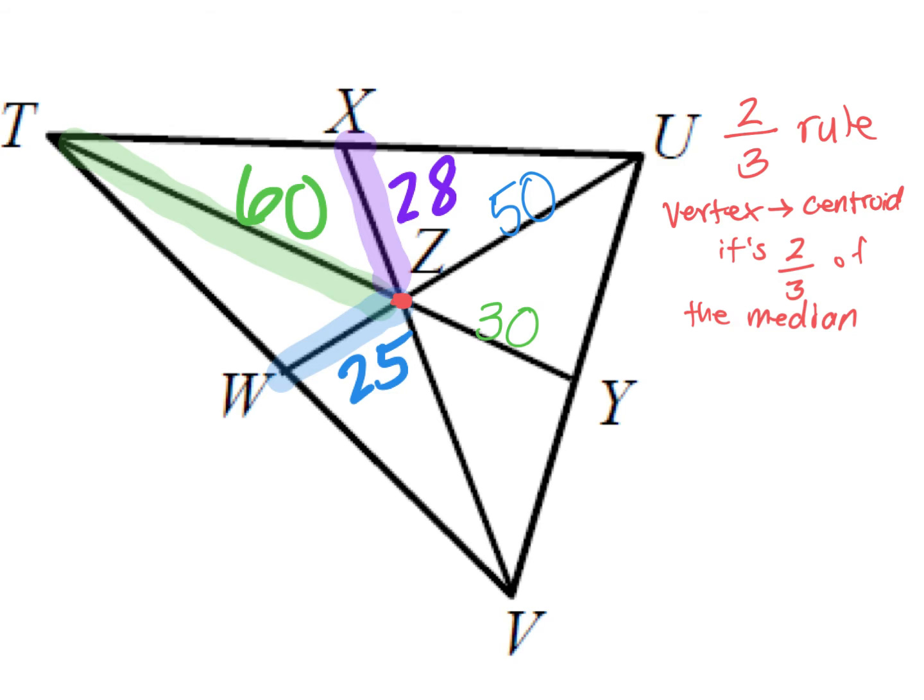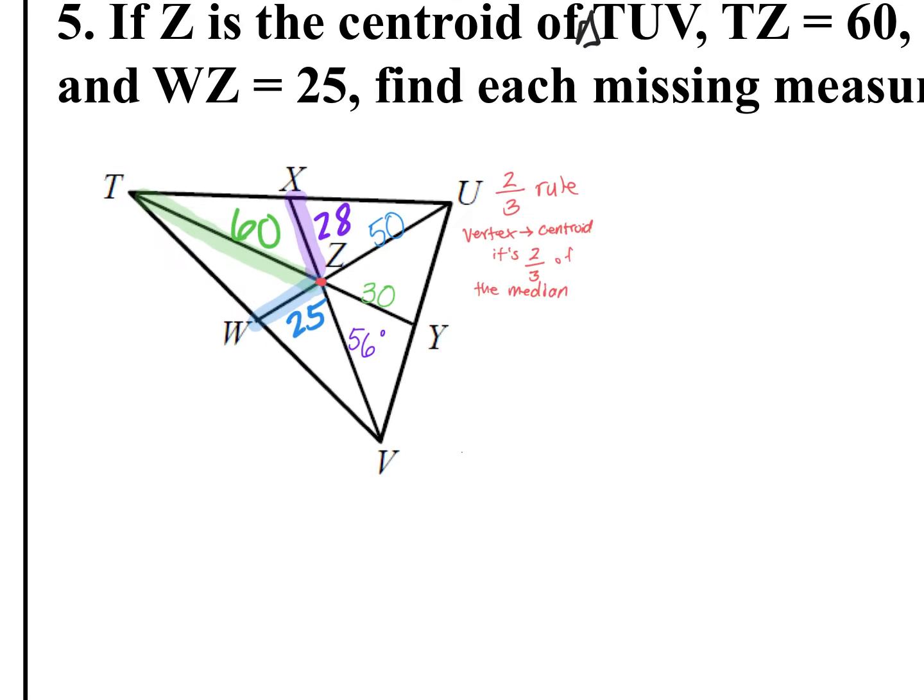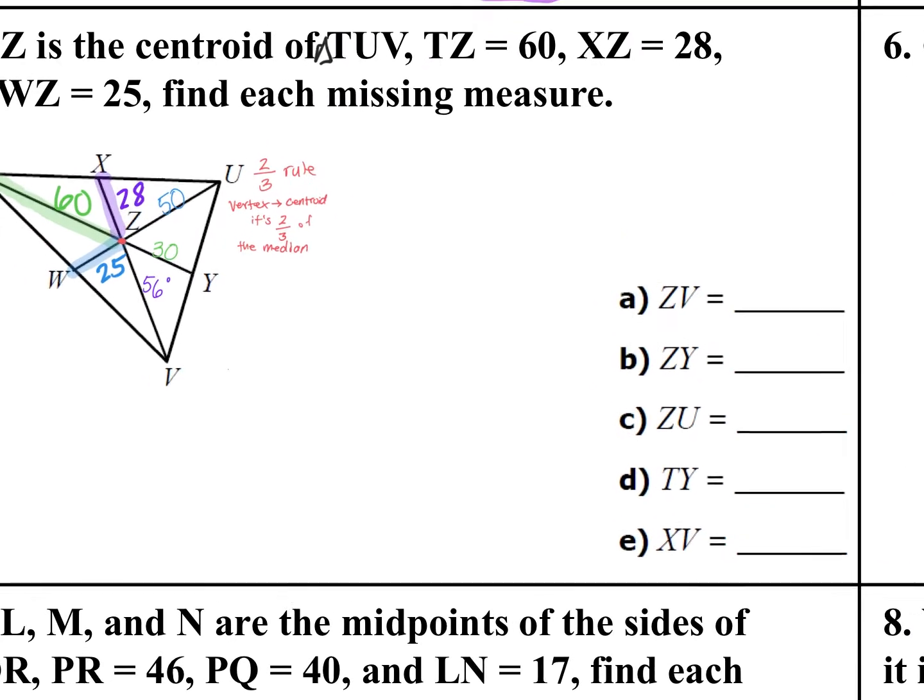That will give us 50. Now lastly, to find ZV, I need to multiply again the 1/3 times 2 in order to get the 2/3 portion. So 28 times 2 will be 56.